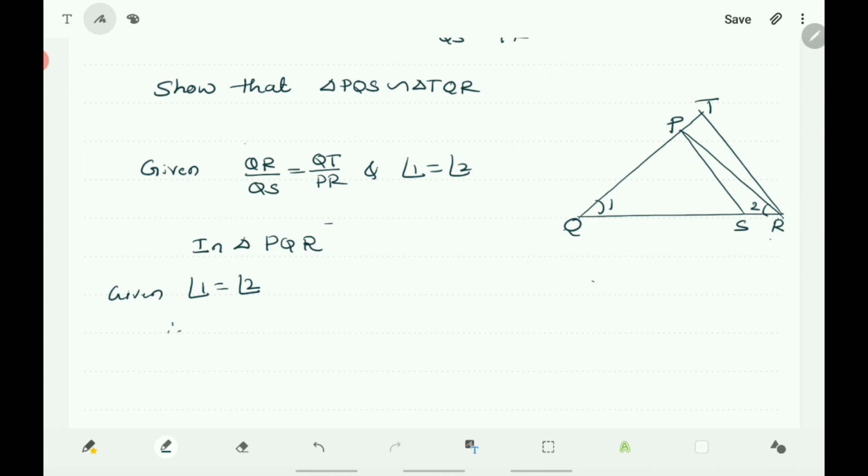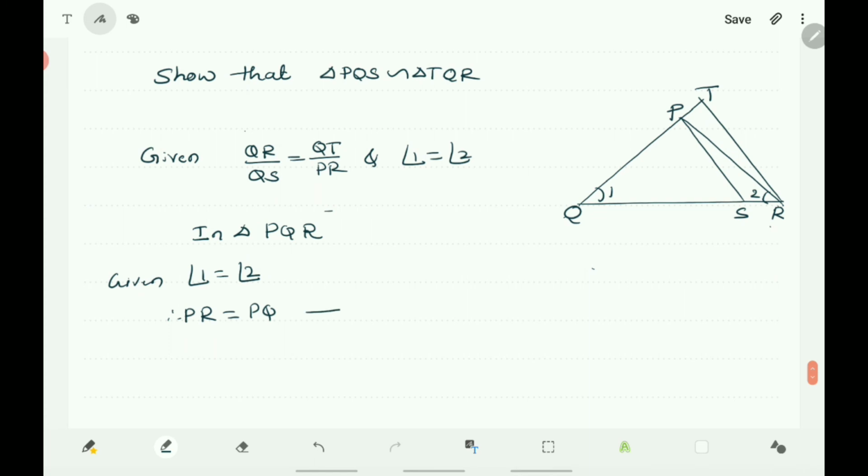Therefore, in triangle PQR, angle 1, which means angle Q, is equal to angle PRQ. And as two angles are equal, the sides opposite to equal angles are equal. Therefore, the sides opposite to angle 1 and angle 2 are PQ and PR. That is, the side opposite to angle 1 is PR. The side opposite to angle 2 is PQ.